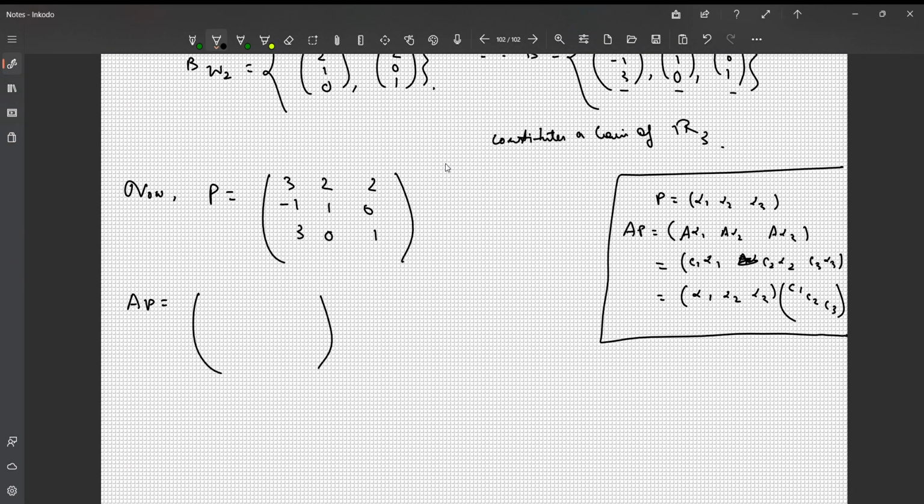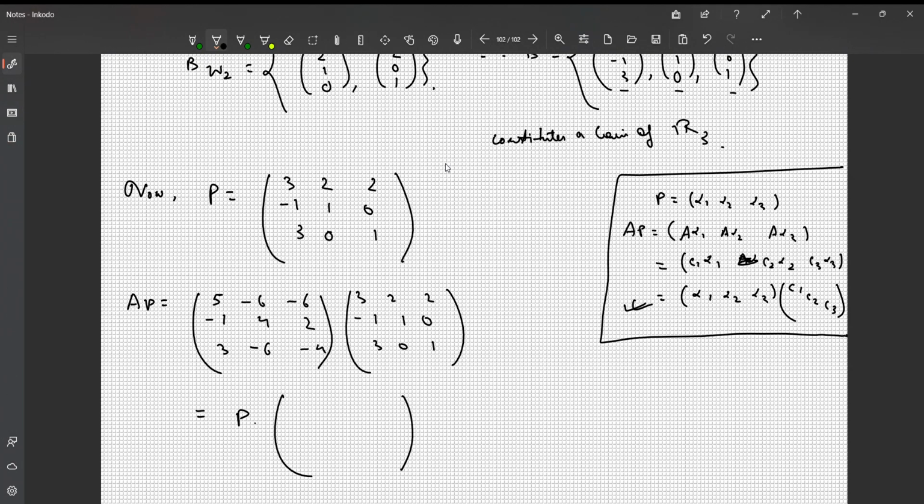So what is AP here? It is the matrix multiplication of 5 −6 −6, −1 4 2, 3 −6 −4 times 3 2 2, −1 1 0, 3 0 1, and by this fact it comes out as P times the diagonal matrix, where the diagonal consists of the eigenvalues.